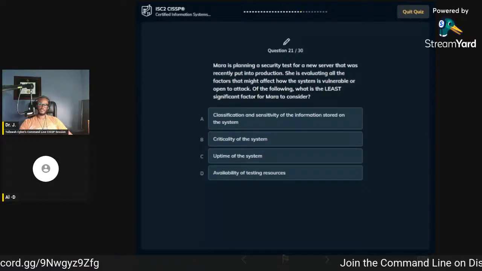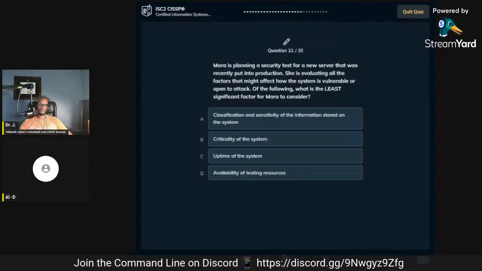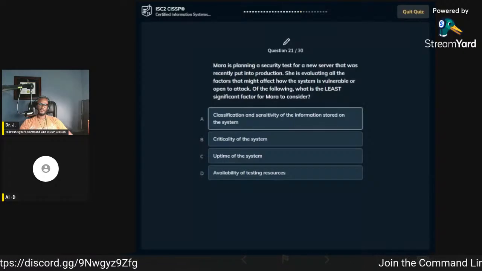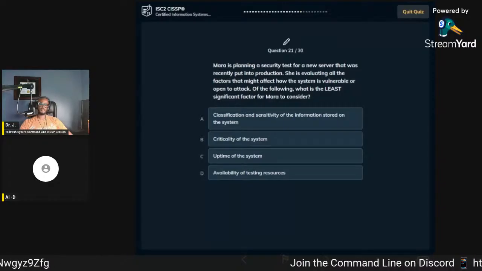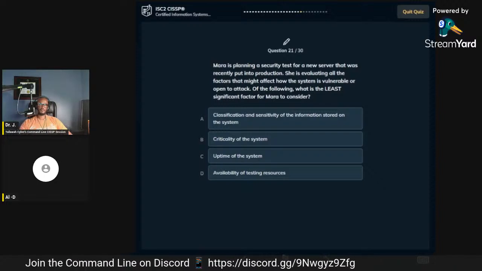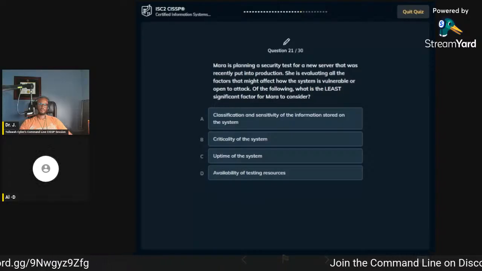They're talking about a server that was recently put into production. So she's evaluating factors that might affect how the system in production is vulnerable or open to attack. Availability of testing resources, out of all these other choices, is the least important. So if that's the least, now you've got to narrow it down to either the uptime of the system or the availability of the testing resources.